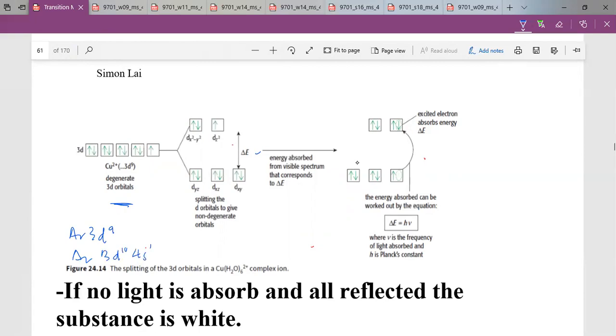So when the 4s electron and one from 3d are lost, we get 3d9. So this is the degenerate state, the 3d orbitals, because this is the isolated ion, copper 2 plus gas, no ligands. So it's all the same energy. One electron here only: 2, 4, 6, 8, 9 here.